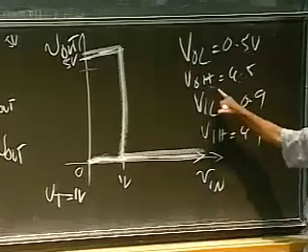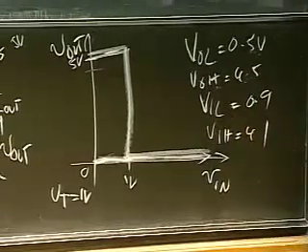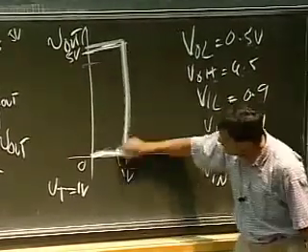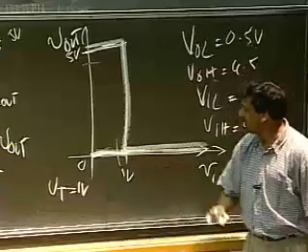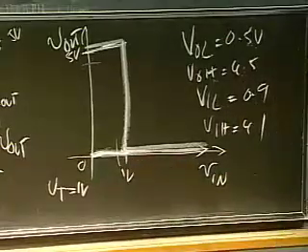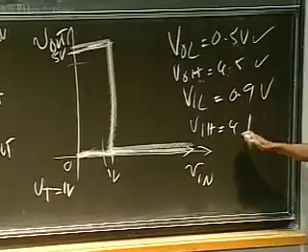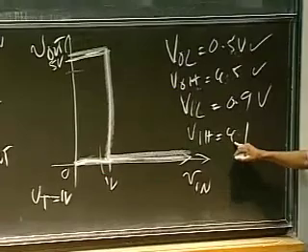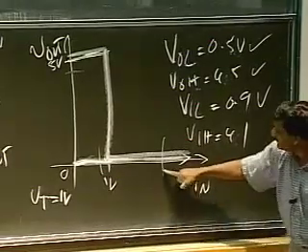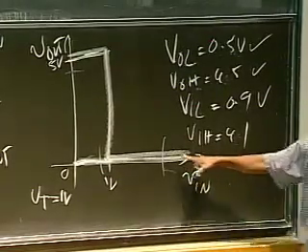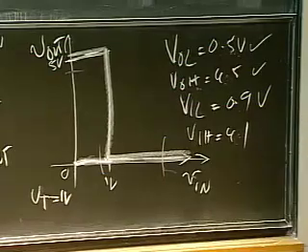Does it recognize all values below VIL as a low input? Yep. So anything below 0.9 or 1 for that matter is viewed as a low. That's good. So these pass. And high, anything above 4.1, is that treated as a high? Yes. So anything above 4.1 is treated as a high, and the output goes low. Okay?